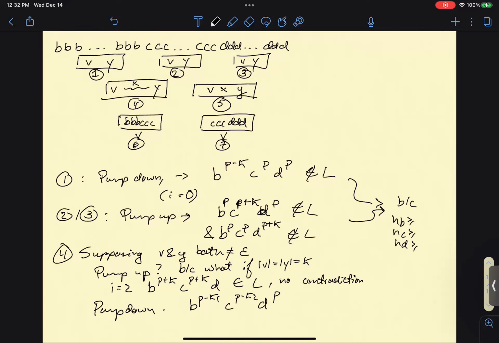You need this condition to stay true, but K1 is at least 1. It's non-zero, so you're pumping the B's down by a string of length at least 1. That's why you get a contradiction.